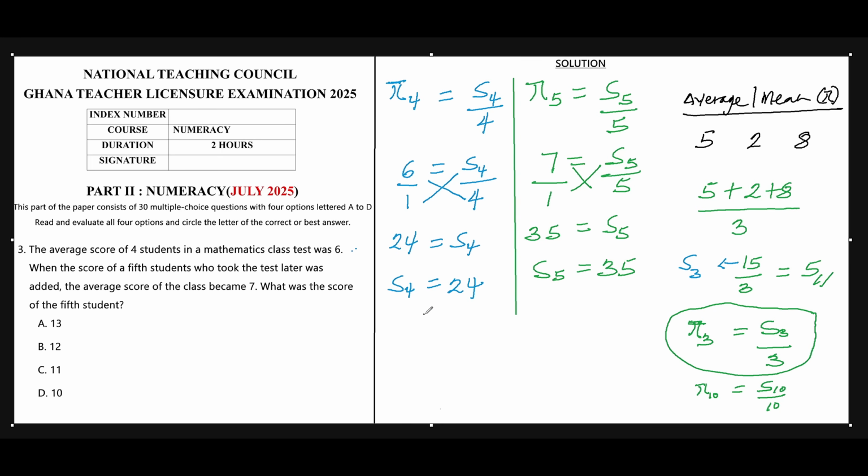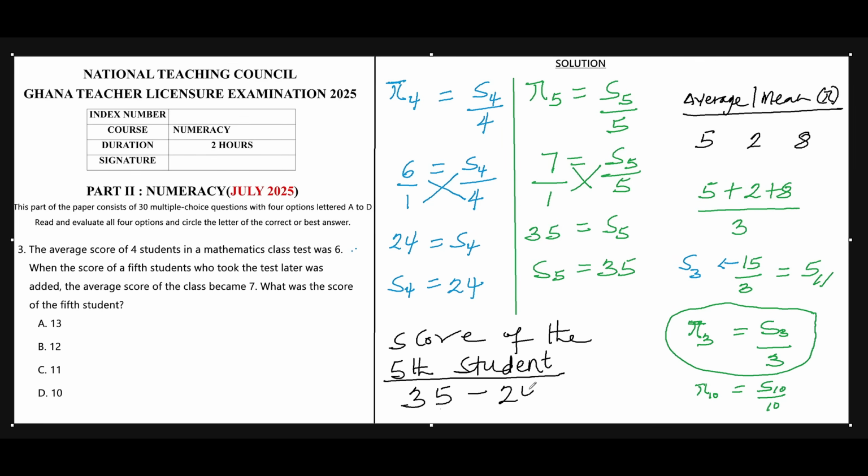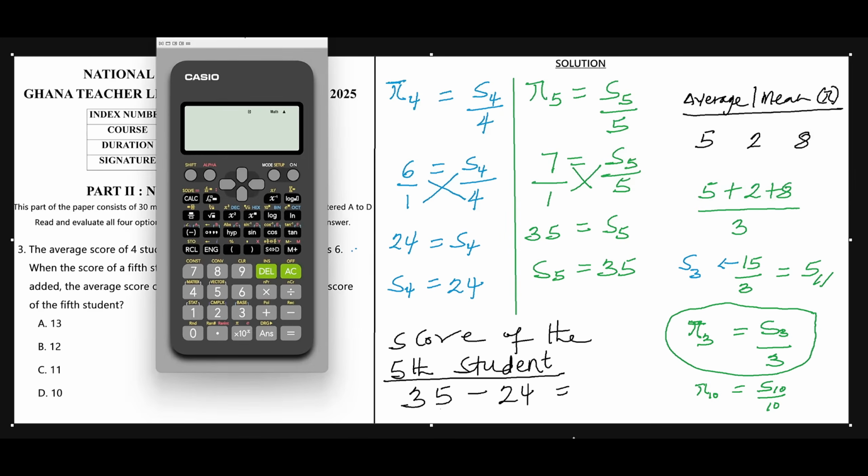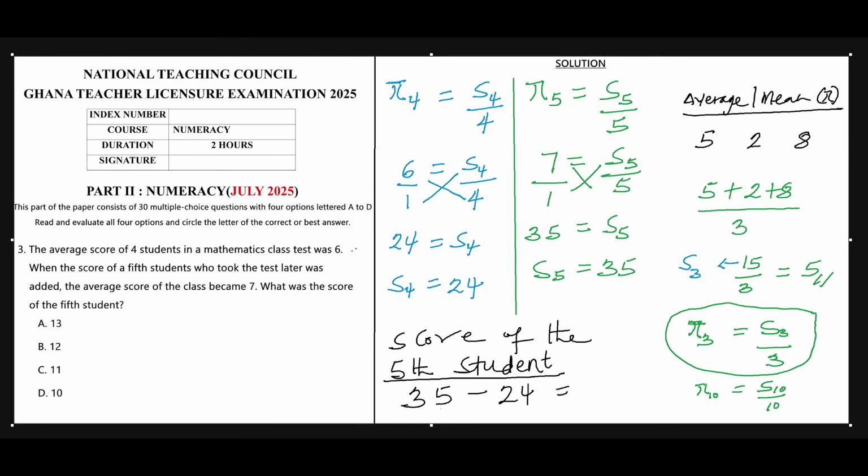So the score of the 5th student will be the difference, that is 35 minus 24. Let's see the result. 35 minus 24, 11. So the right answer is option C.